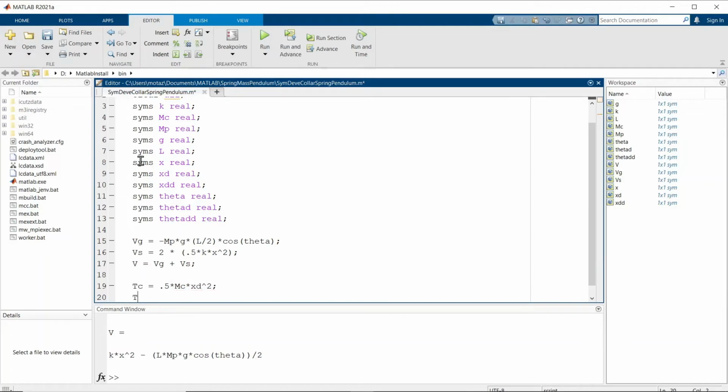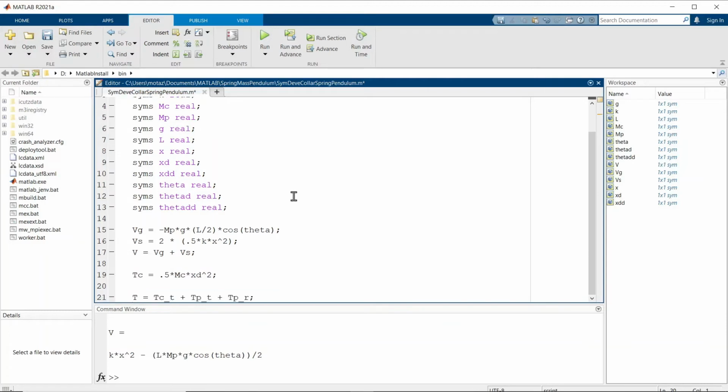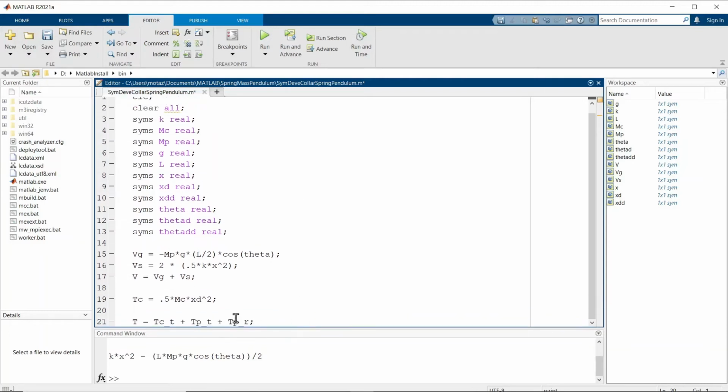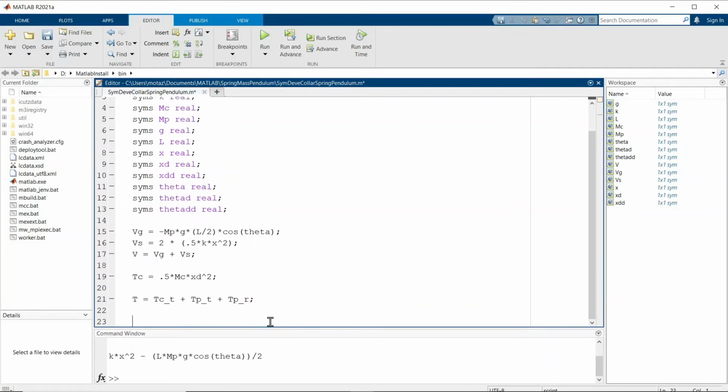That's easy. And now the kinetic energy of the pendulum. To get the kinetic energy of the pendulum, we need to define the velocity of the center of mass of the pendulum. We can first define the position vector of the center of mass of the pendulum and take the derivative of that.